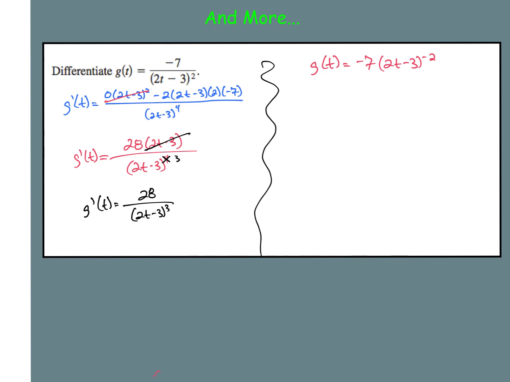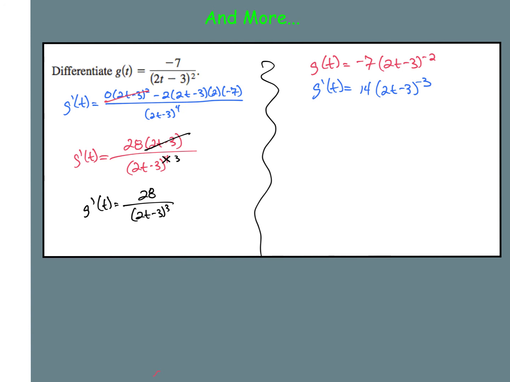All right? So let's take a derivative of that. So g prime, negative 2 would come out front with negative 7 to become what? 14. And now I have 2t minus 3 to the power of what? Negative 3. I'm subtracting 1.